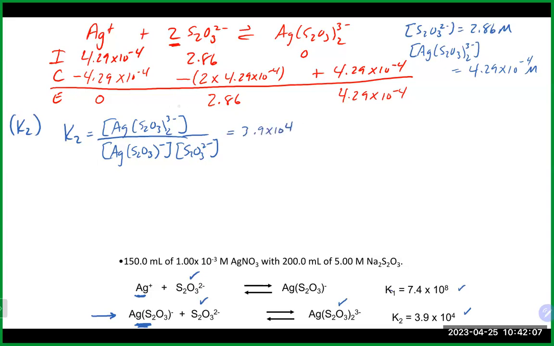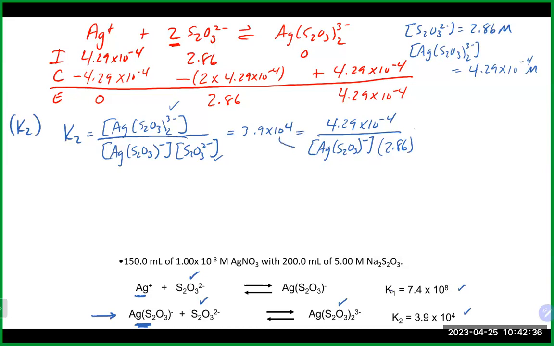Putting in my numbers, which I have for both of those, that would give me 4.29 times 10 to the minus 4 equals our concentration here on the bottom, times our 2.86. And that will equal 3.9 times 10 to the 4th.